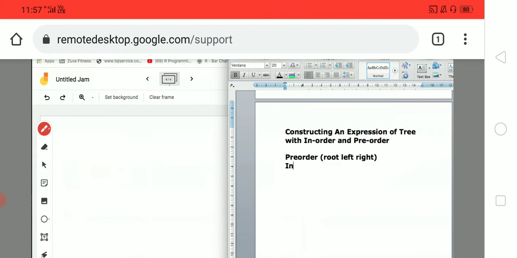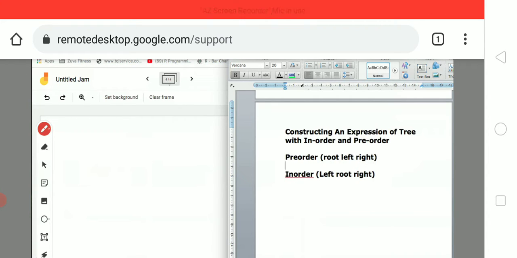And what is inorder? First it visits the left node, after that the root node, after that the right node. In this way it visits each and every node. We already discussed it with examples in previous videos.